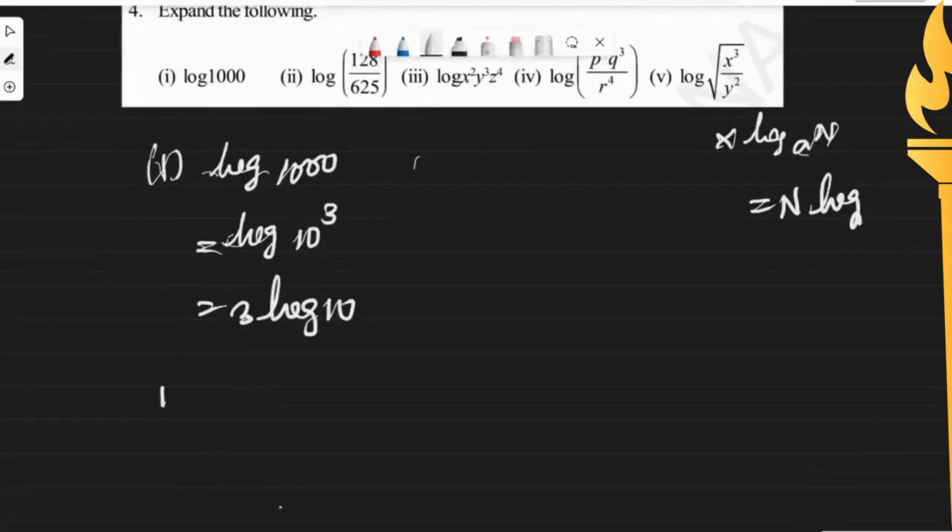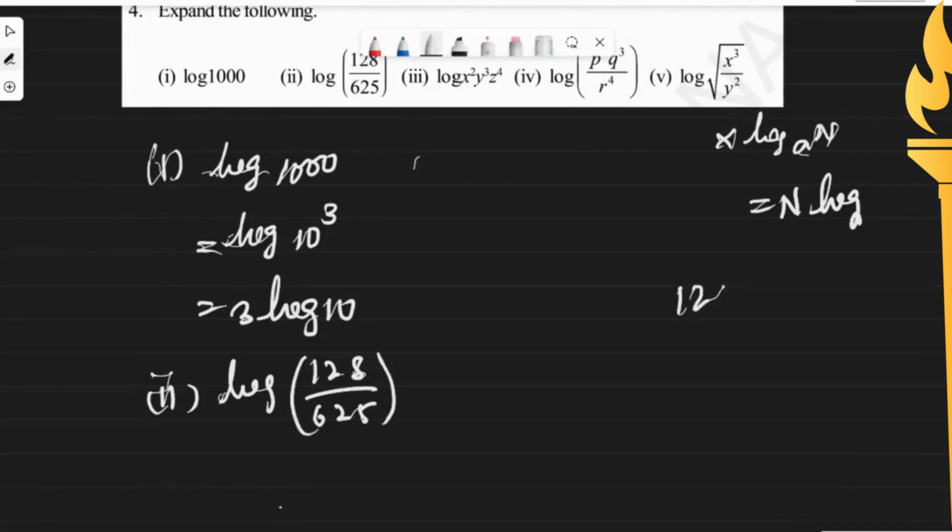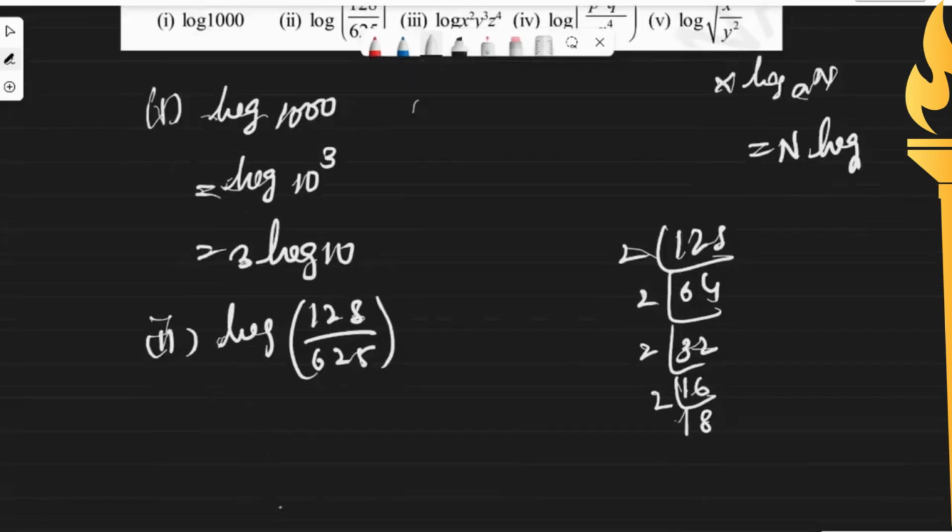Next, second question, we have log 128 by 625. So now let's prime factorize 128 with 2. So 2 into 64, 2 into 32, 2 into 16, 2 into 8, 2 into 4, and 2 into 2.